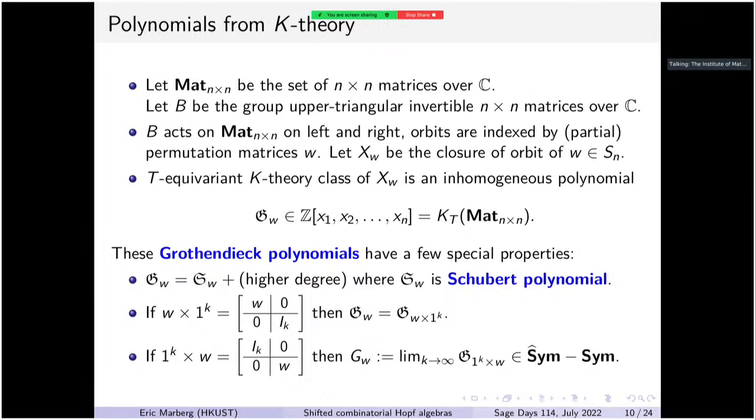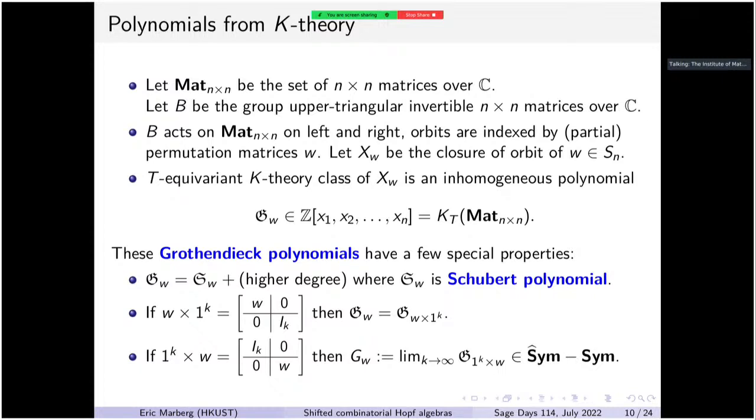If you take a permutation w, which we view as a permutation matrix in S_n, and you add an identity matrix in the lower right block, now you have a permutation in a larger symmetric group, indexing a different orbit closure in a larger set of matrices, with a different polynomial. But it turns out these two permutations index the same Grothendieck polynomial. So these are not even indexed by S_n, they're indexed by S infinity, or you can index them unambiguously by permutations of all the integers that fix the negative numbers.